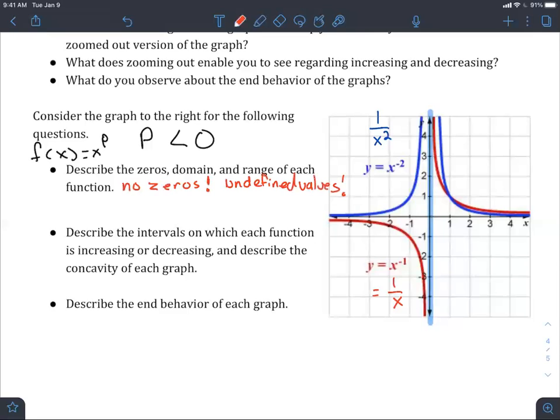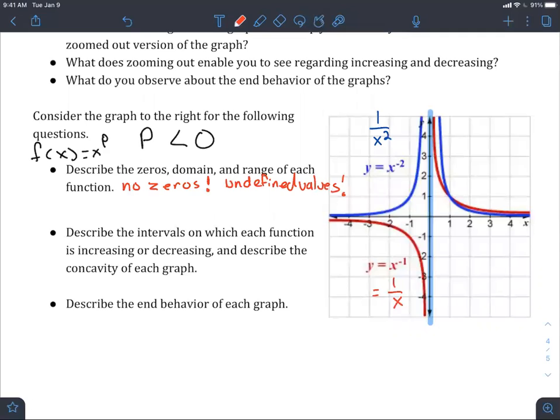Now, with the exception of these undefined values, you can basically put all real numbers into these functions, except if the denominator would be 0.